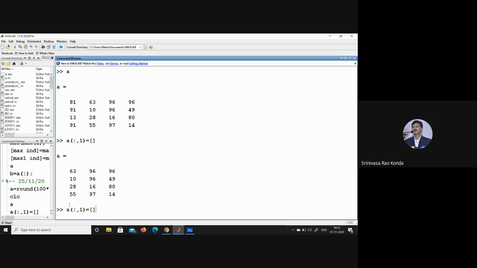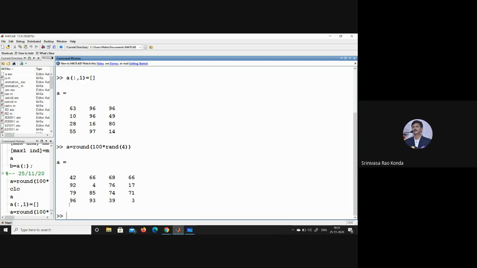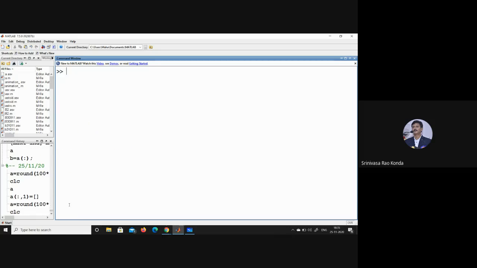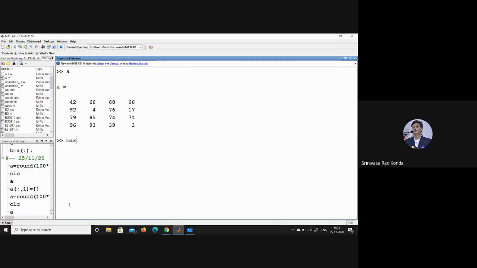Now I have a matrix like this. I want to find out the maximum element of the matrix. How to do that? So guess any command. If you give max of A, what will happen?